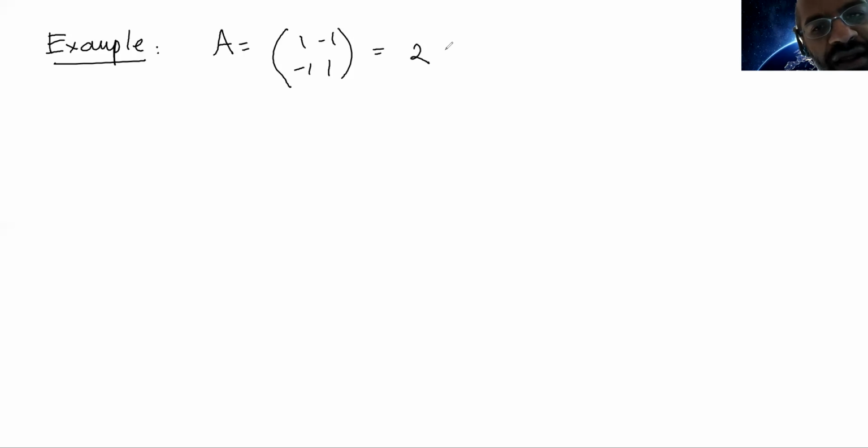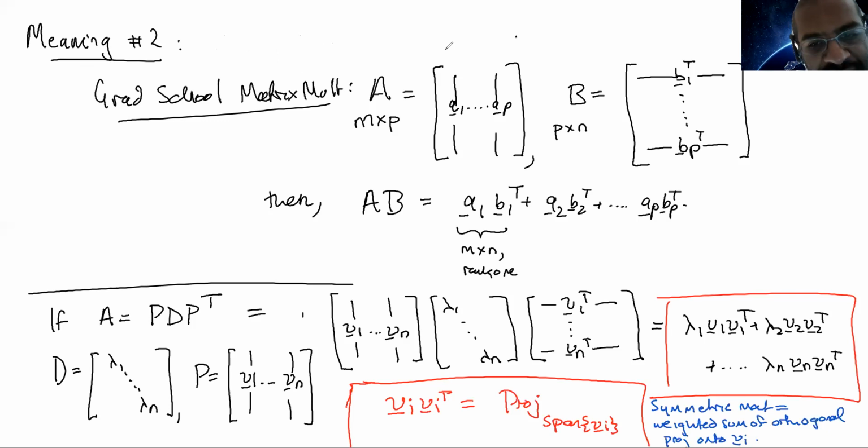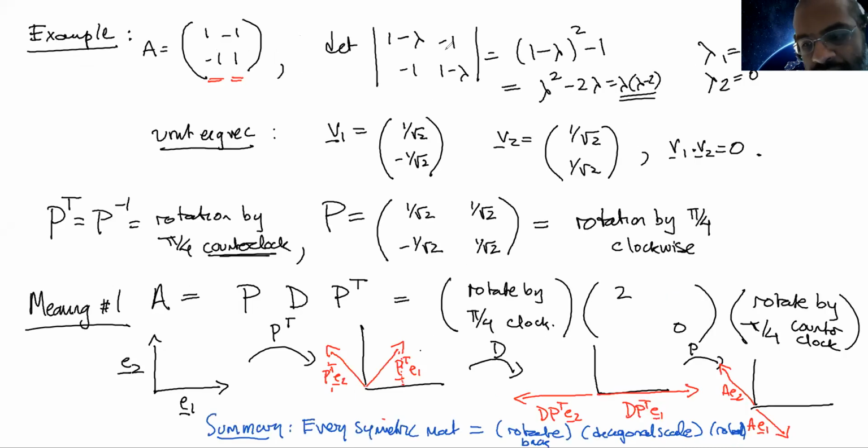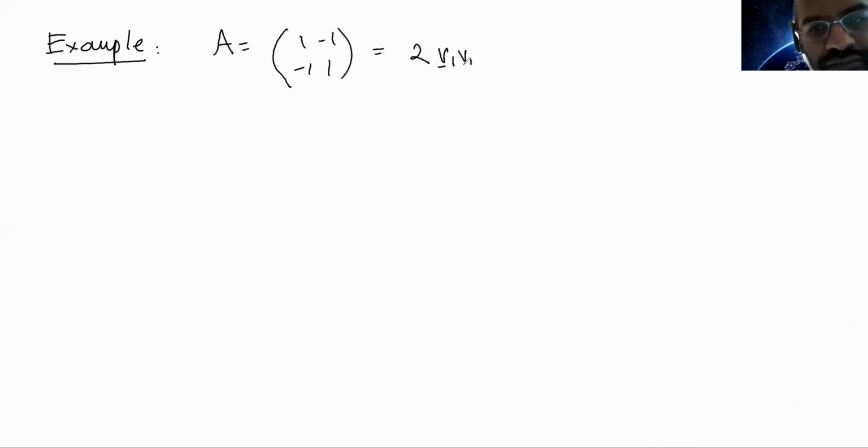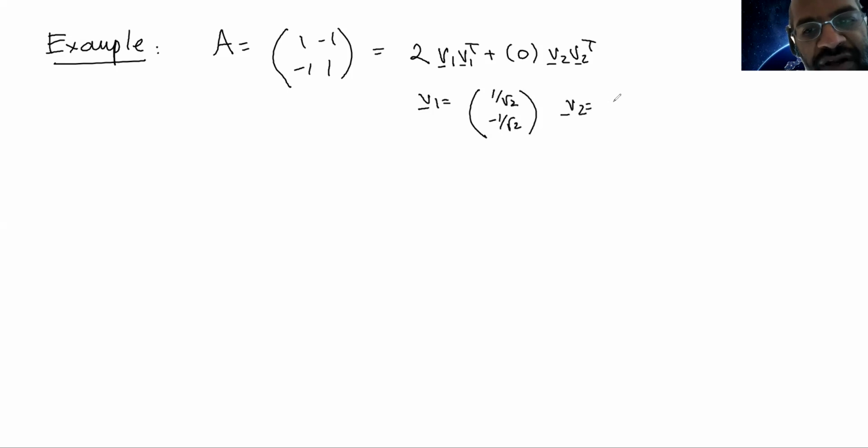So this is 2 times v1, the eigenvectors, I guess we call them V, plus 0, which is the second eigenvalue, times v2. So what is the geometric meaning of this? Remember, v1 is this vector, 1 over root 2, minus 1 over root 2, and v2 is this vector, 1 over root 2.